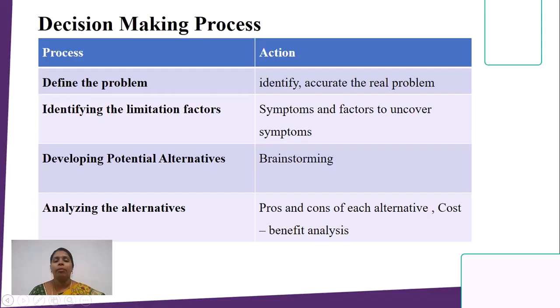Suppose for a problem there are three courses of action, plan A, plan B, plan C. It is the duty of the managerial economist to identify the pros and cons of plan A, pros and cons of plan B, pros and cons of plan C. Then he has to analyze the cost benefit analysis of each plan, that is for plan A, plan B and plan C. At this step, he will have a clear understanding of what the problem is, what the limiting factors of the problem are, and what the various alternatives available to the problem are.